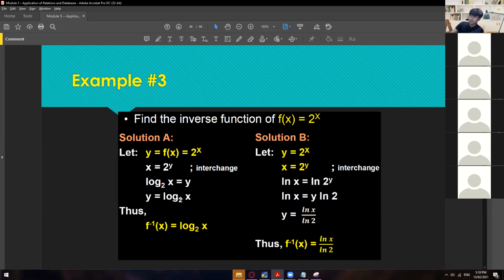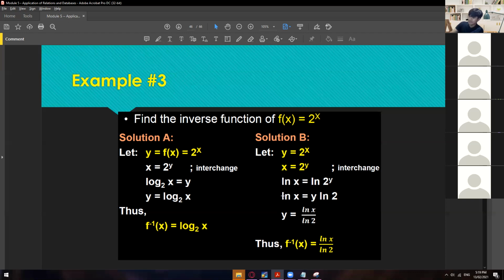But if you're not familiar with log, and you're much more used to ln, then you can use this instead. This one is much easier. So we have here the interchange of x and y now. Just take ln of both sides, and from there, you can now bring down the exponents. As you can see right here, we have 1 here, then just bring it down, but since it's 1, we can just ignore that 1.